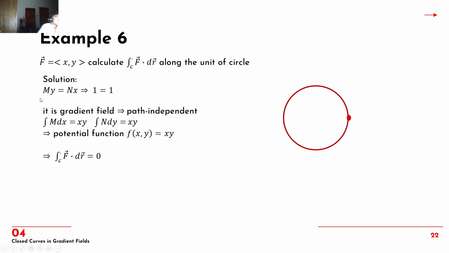That means it is a gradient field with 1 equal to 1, so it's also path independent, and the potential function is xy. But we don't need to calculate it because we just assume that it's equal to 0 because it's a closed curve along the unit circle. Start from here, then it goes back to where it started. That means closed curve. So yeah, it's equal to 0.